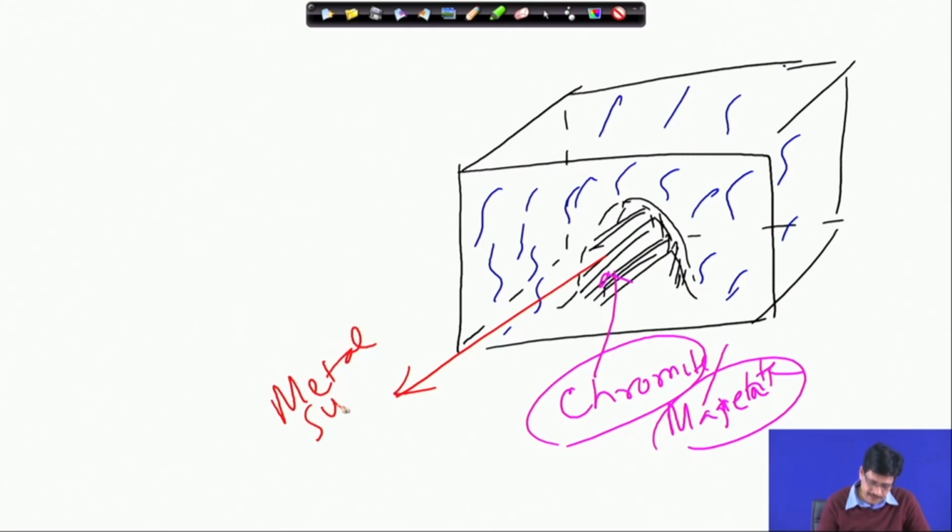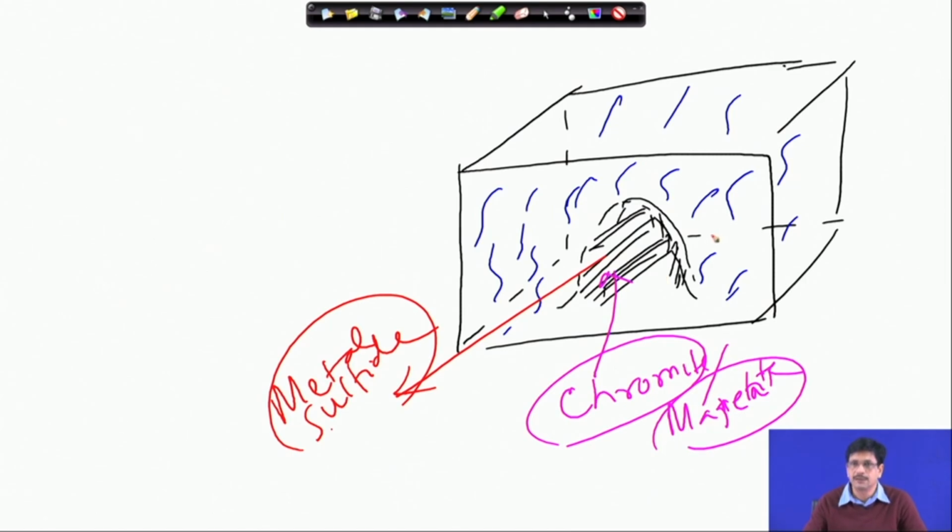So, this metal sulphide body will have a higher electrical conductivity compared to the surrounding rocks.